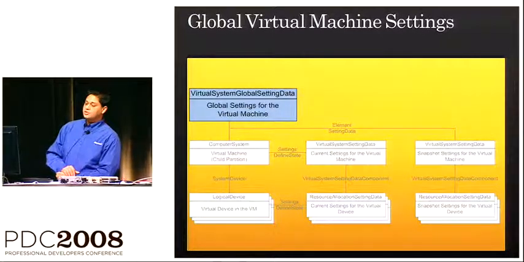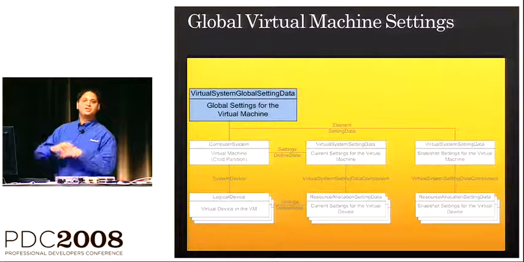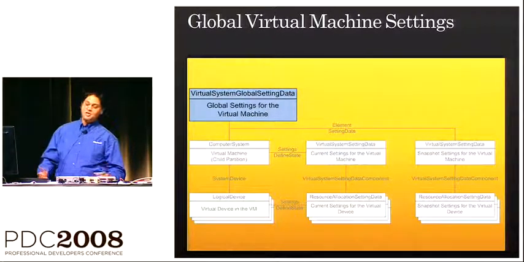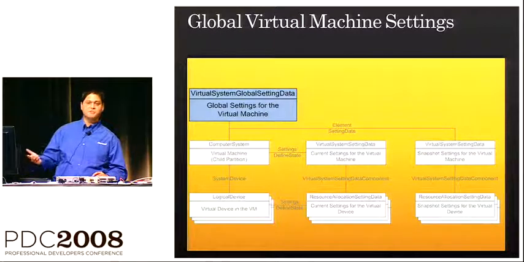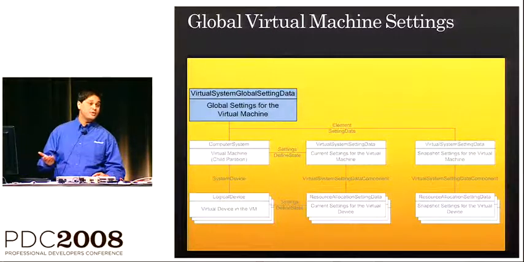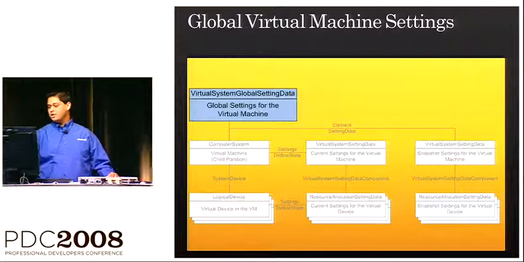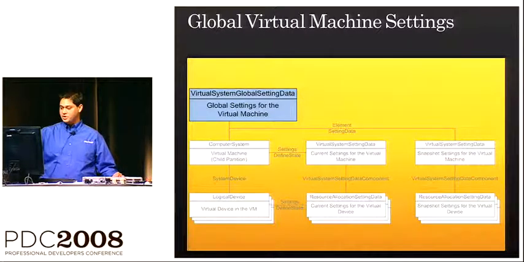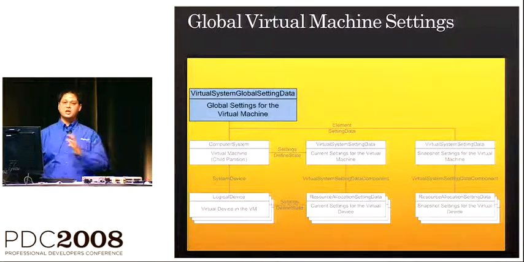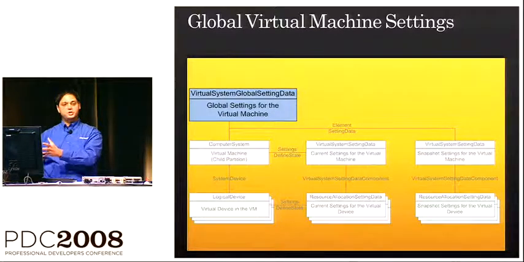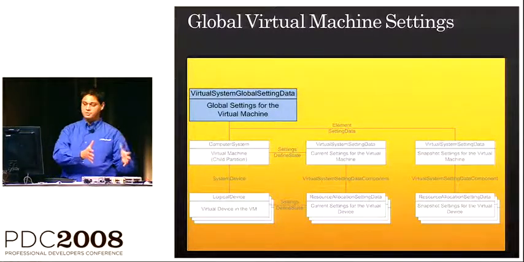Finally, we've got this virtual system global setting data, which is, again, another top-level setting for the virtual machine. The difference between this and the virtual system setting data that we just talked about is that these values don't get overwritten when you're applying a snapshot to a VM. So the virtual system setting data that we just talked about, as you apply snapshots, all the properties described in that object will get copied over into the current virtual machine.